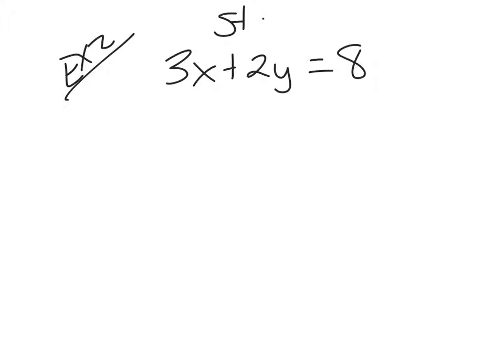This is your standard form. So we're going to solve this so that y is a function of x. When you hear that y is a function of x, you're basically solving so that y is by itself and it equals everything else.